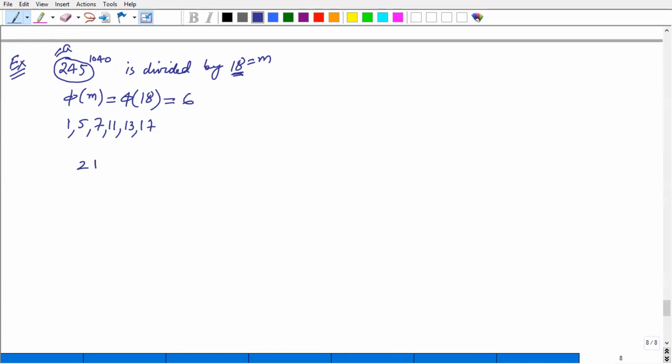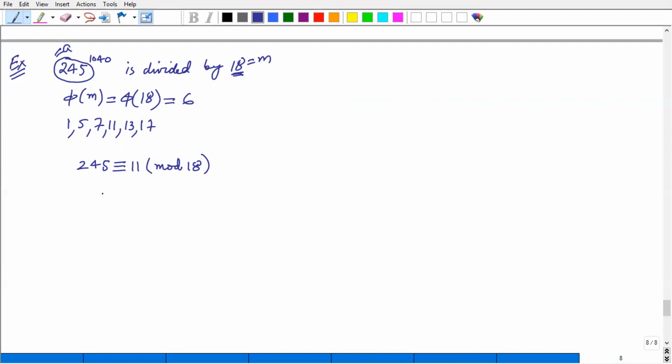When 245 is divided by 18, the remainder is 11 modulo 18. Now either we find 245 to the power 1040 or 11 to the power 1040, there is no difference because they belong to the same modulo class.